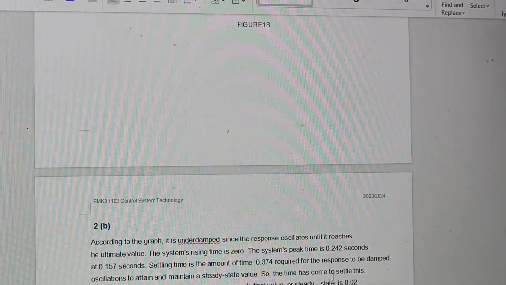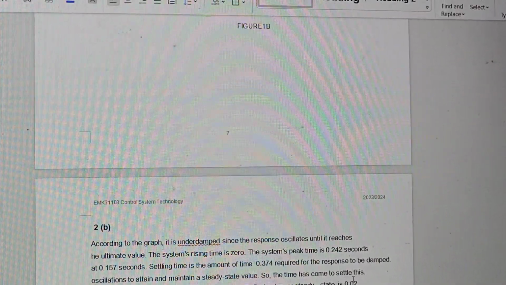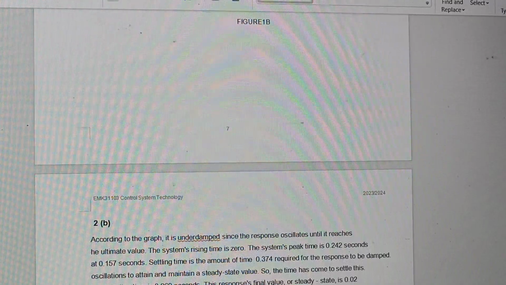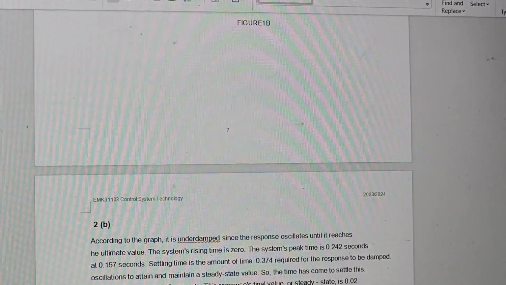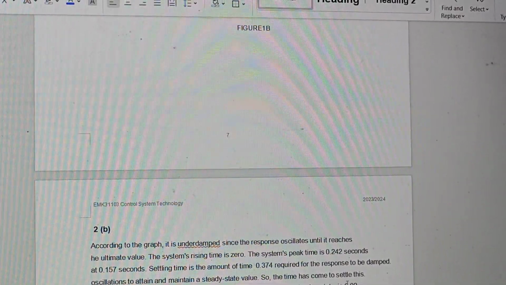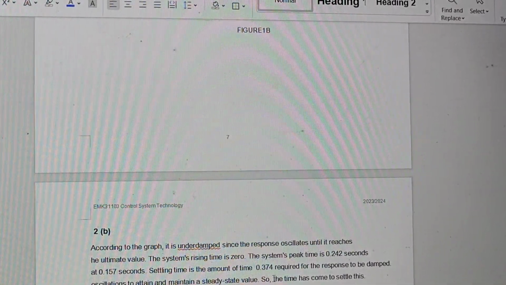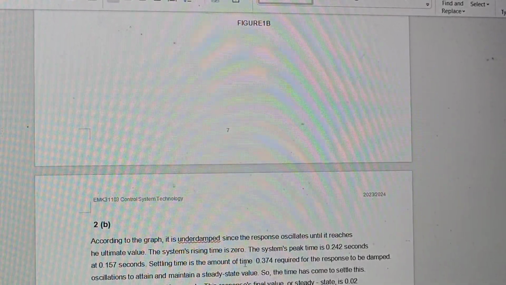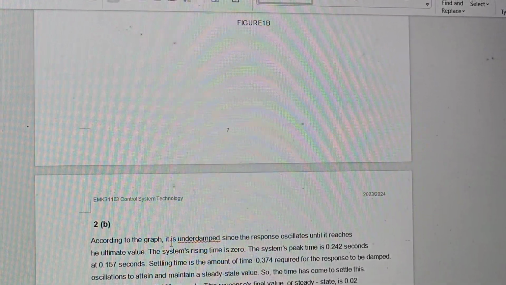So the time to settle is 0.69 second. The response for final value, or steady state, is 0.02. So it is underdamped.